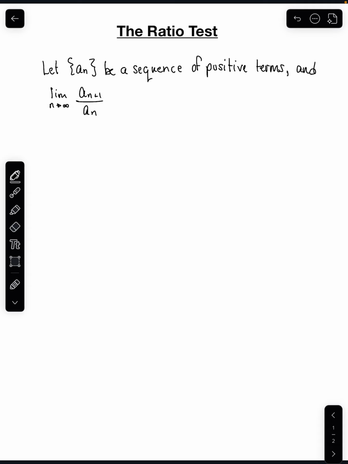If then this limit comes out to be small enough, specifically if the limit is less than 1, then it means that the terms are shrinking fast enough. The term in the top is always shrinking by a little bit more than the previous thing. That is to say, if we were to compare A2 to A1, we would know that A2 is smaller.